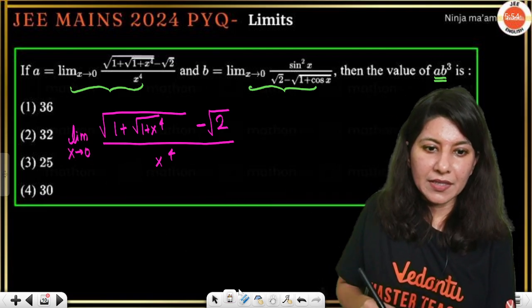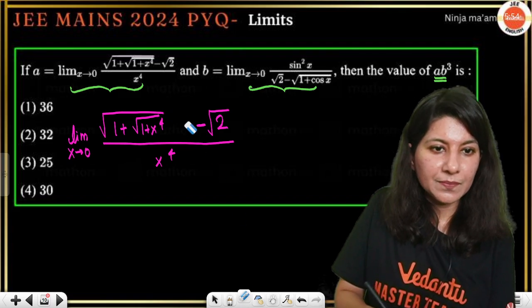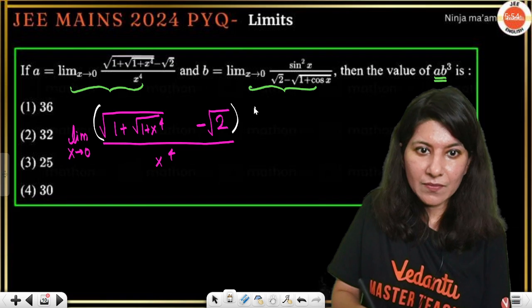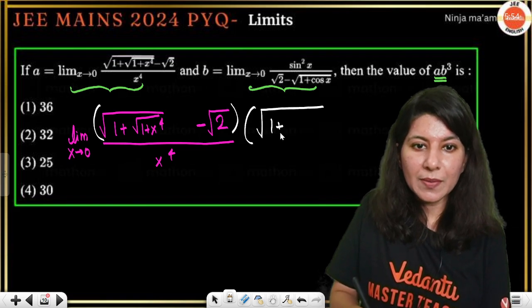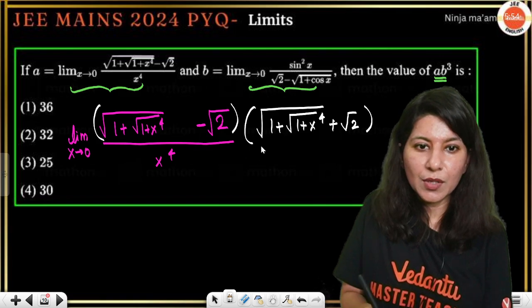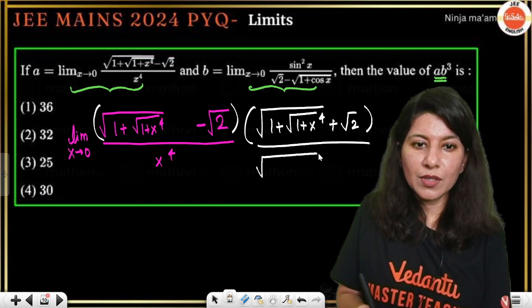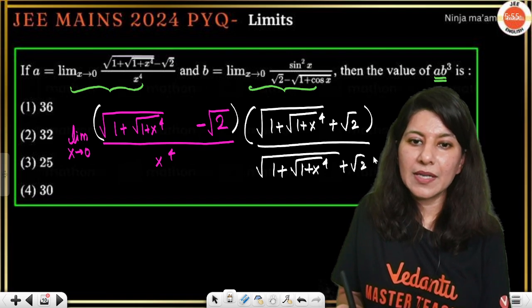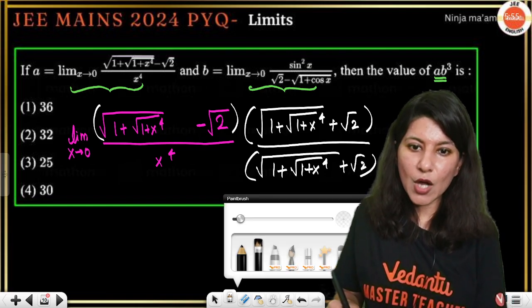Okay. All right. Now, this is going to become a minus b over root 1 plus root 1 plus x power 4 plus root 2. That's it. Rationalization done. Now multiply.